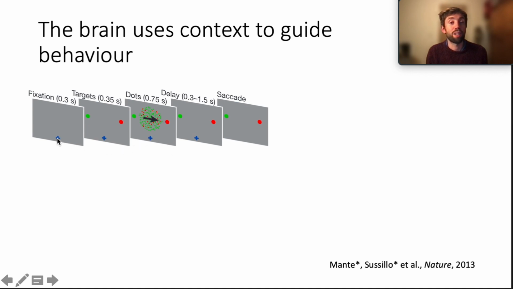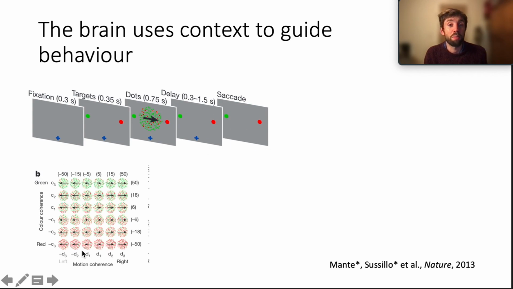However, if the context cue is different, for example, a yellow cross, then they should pay attention to the color, and they should, at the end of the trial, move their eyes to the color of the spot corresponding to the majority of the dots. So for example here, to me there seem to be more green than red dots, so that at the end of the trial, in the color context, I should move my eyes to the left.